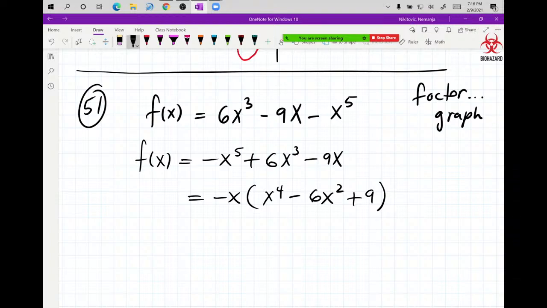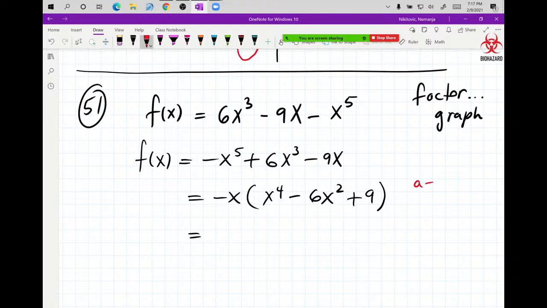And now, since these two are perfect squares, we can try and see if it fits with the middle term. Try and use the square of a binomial, right?